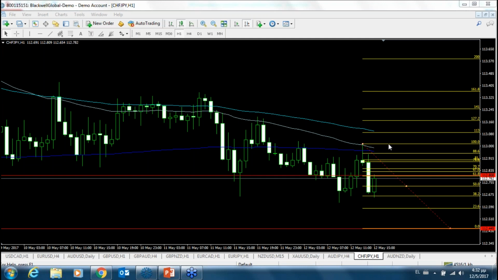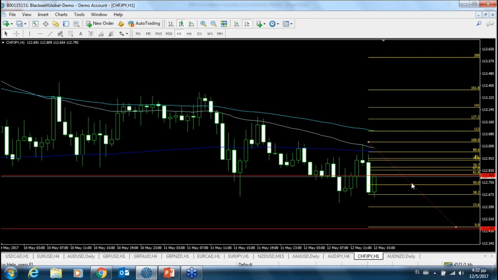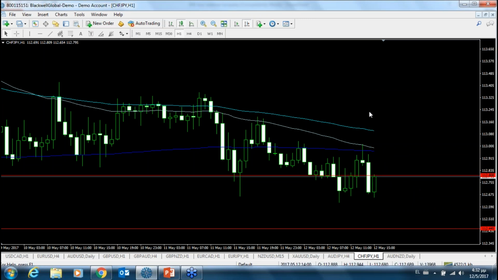So let's get rid of this one here. Give me a second. All right, I've marked the psychological number here, which is 112.80, closest to the current price. So I'll start drawing the pattern, and I like this one here, A to B. I didn't pull from there.